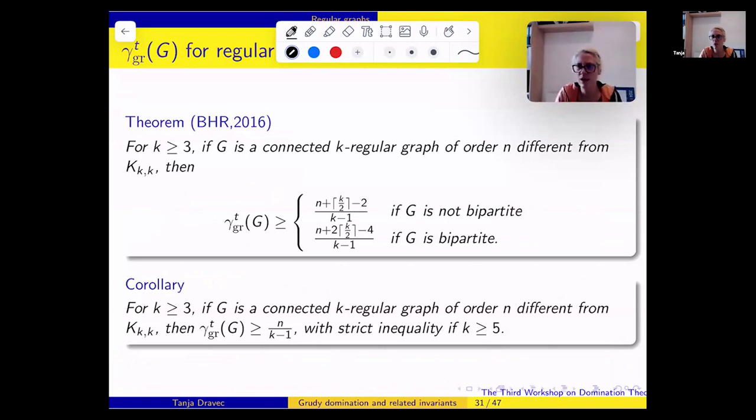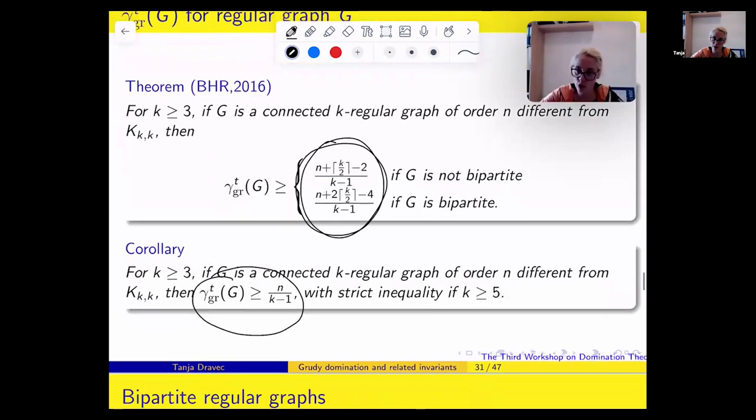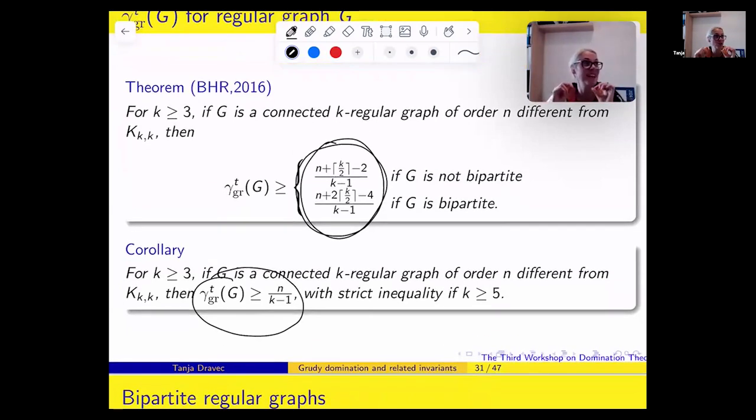And this bound here implies a little bit nicer bound, which is n over (k minus 1). So it is known that if G is different from the complete bipartite graph K(k,k), then the Grundy total domination number is at least n over (k minus 1). What is also known is that there are exactly 2 cubic graphs that attain this bound, and exactly 1 4-regular graph that attains this bound.